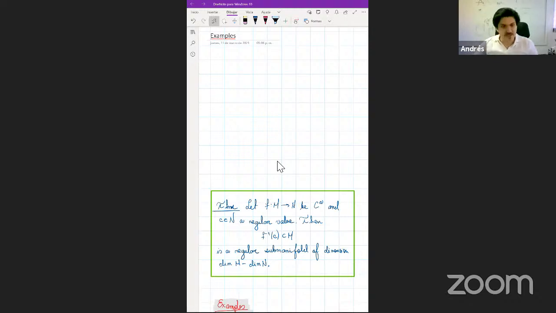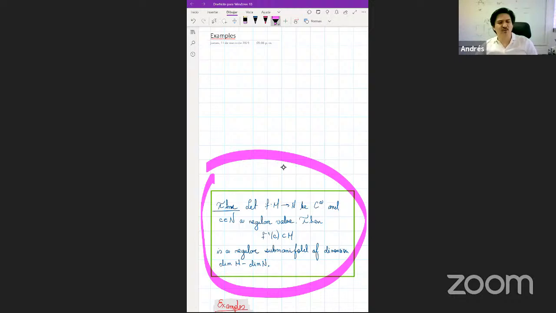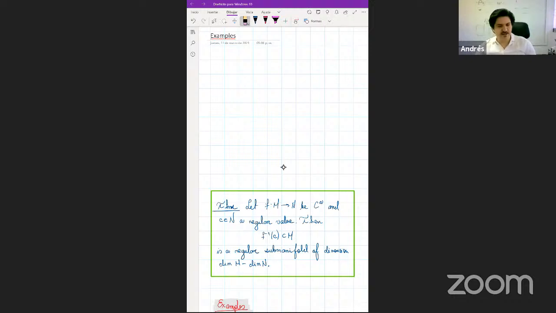So remember from last time, we proved this result. This one here. Or at least we proved it when M and N were in Euclidean space. Right? So one of the motivations for this is that we have another way of creating new manifolds.